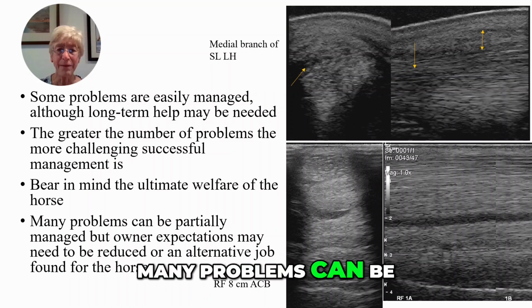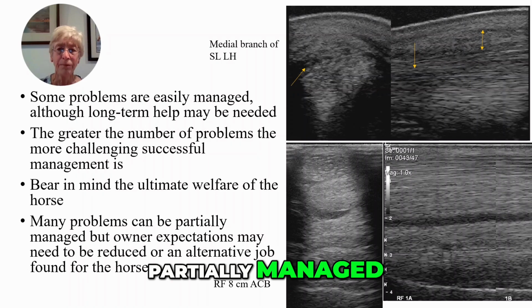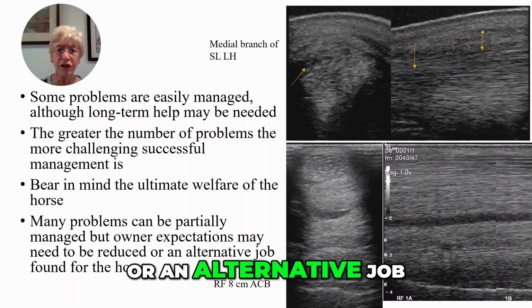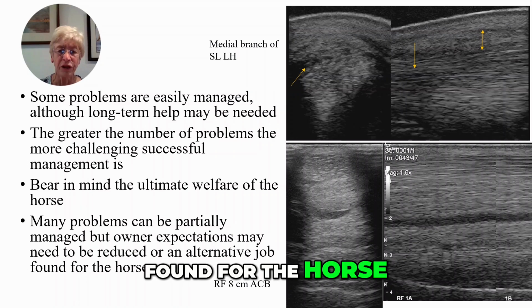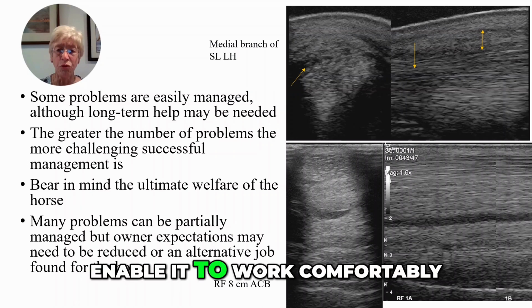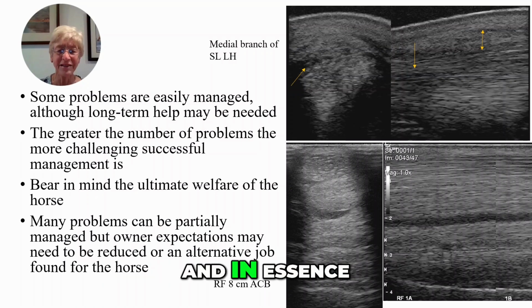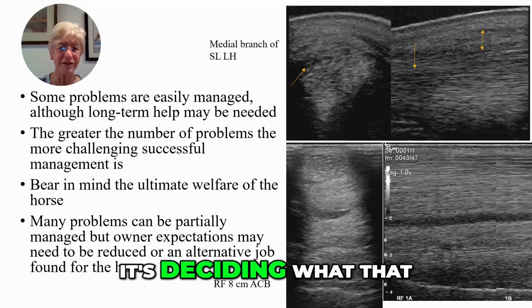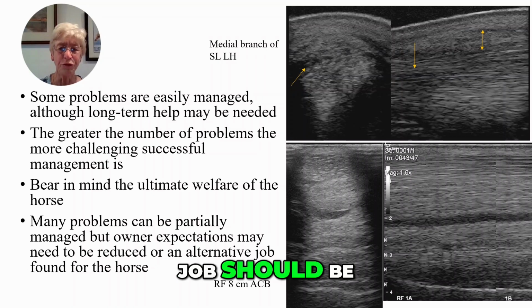Many problems can be partially managed, but owner expectations may need to be reduced or an alternative job found for the horse in order to enable it to work comfortably. And in essence, that's the most important thing. Many horses can do a job, it's deciding what that job should be.